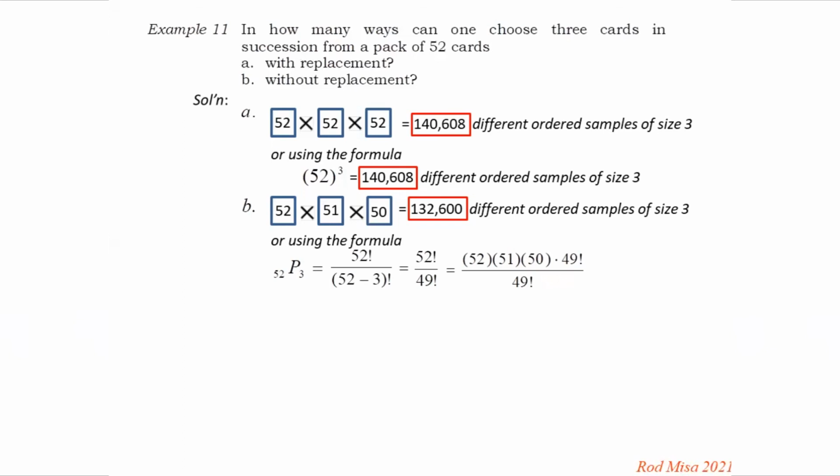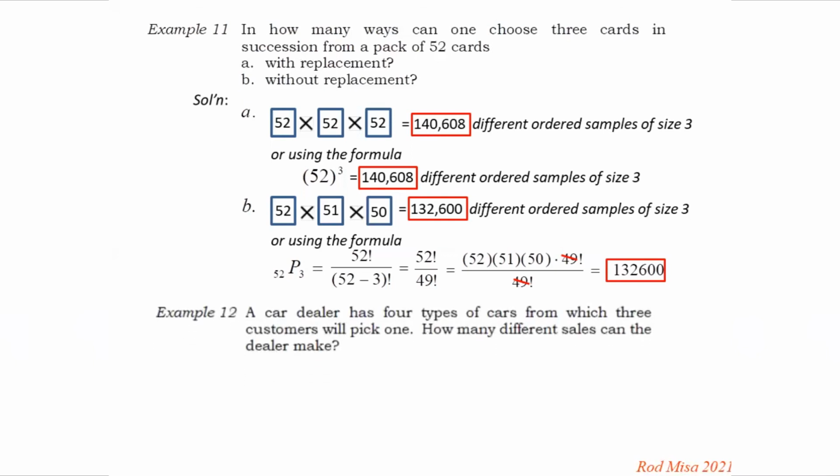And why is it that I'm doing that? So that I can cancel this 49 factorial with my 49 factorial in the denominator. So I am left with these factors of 52, 51, and 50. And we know that this is equal to 132,600. So there are 132,600 different ordered samples of size 3 that you can obtain when you draw 3 cards in succession from a standard deck of cards without replacement.